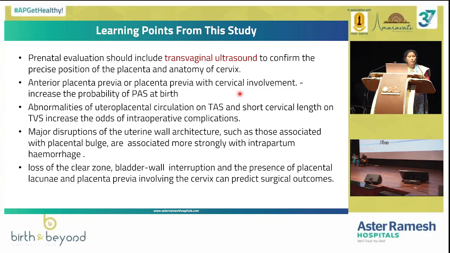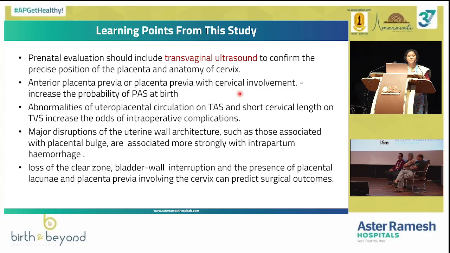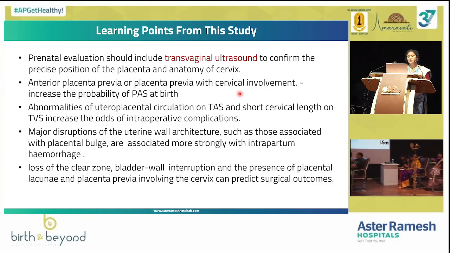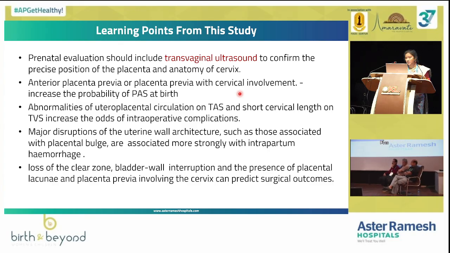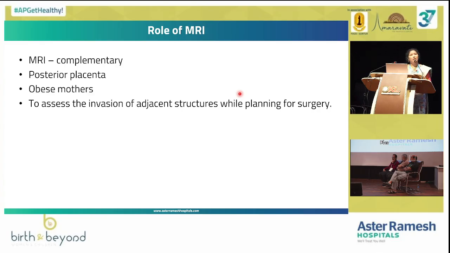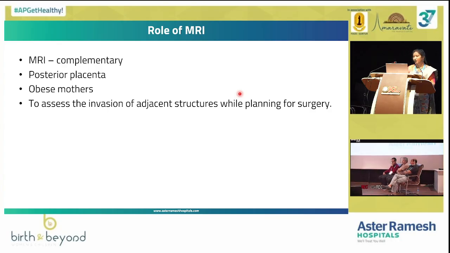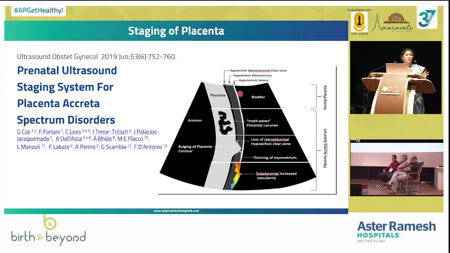Loss of clear zone, bladder wall interruption, and the presence of placental lacunae and placenta previa involving the cervix can predict surgical outcomes. So MRI is mainly done for posterior placenta and obese mothers to assess the invasion of adjacent structures while planning for surgery.